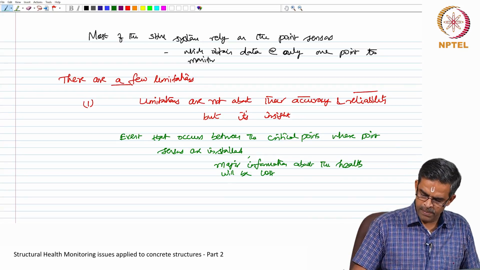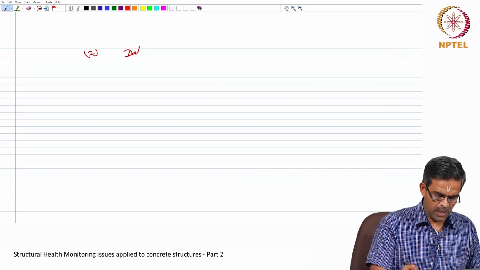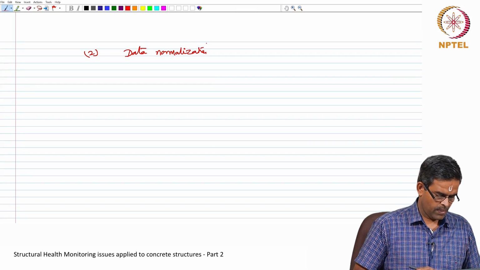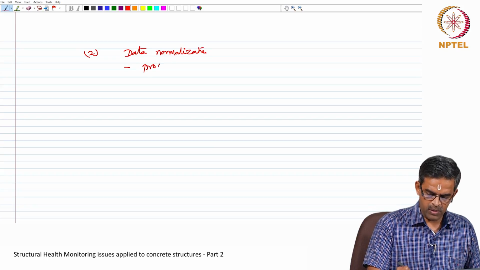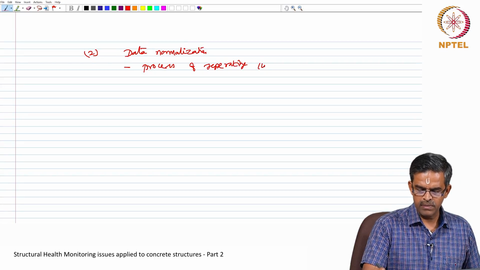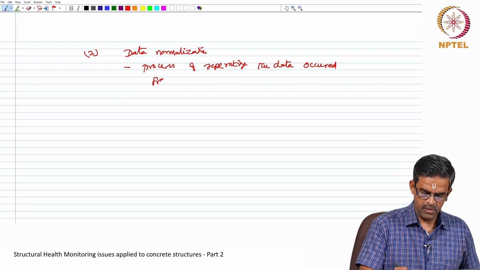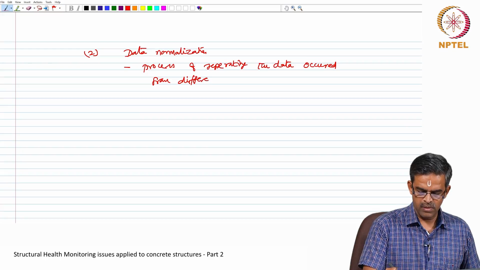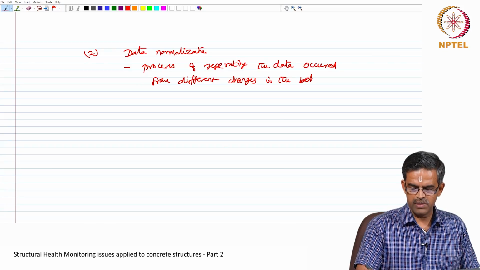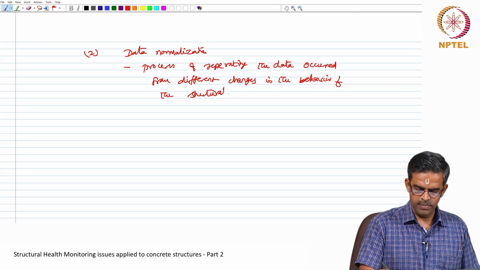The next issue could be data normalization, that is the process of separating the data occurred from different changes in the behavior of the system or behavior of the structural system.